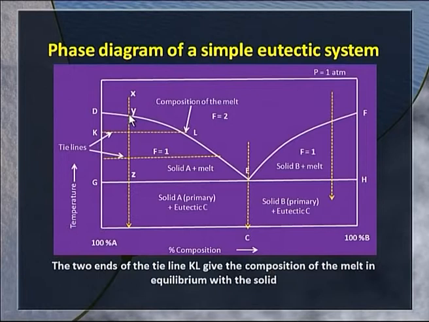As the A is removed from the melt, the composition of the melt starts moving towards the right along this line.